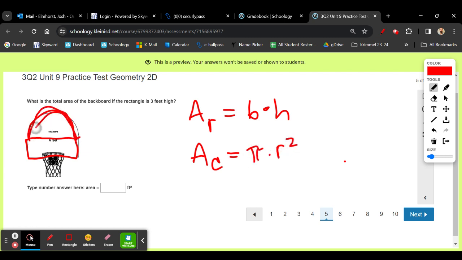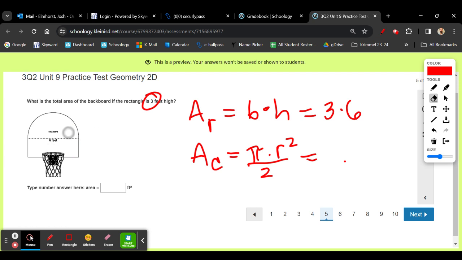And because it's a semicircle, let's just go ahead and divide by 2 in there so we don't forget to do it later. So we got 3 feet by 6 feet. And the radius is going to be half the diameter. So if this is 6 feet, that means that's 3 feet for the r.